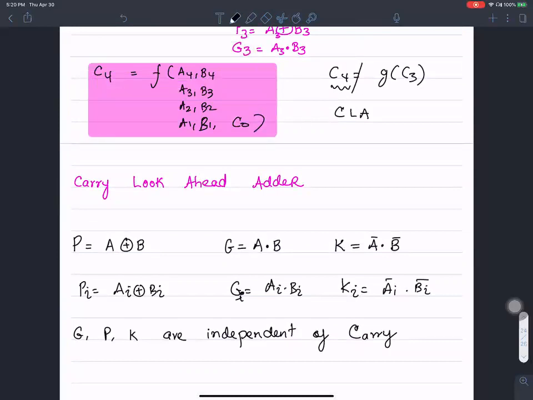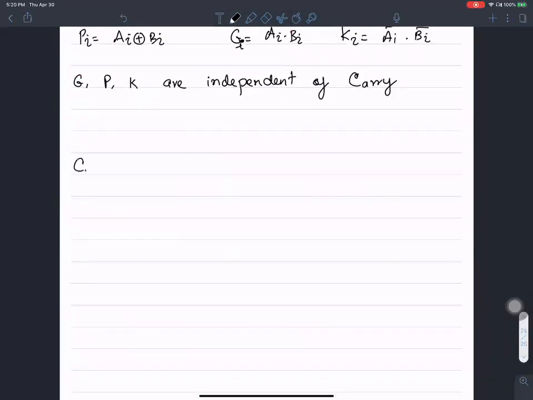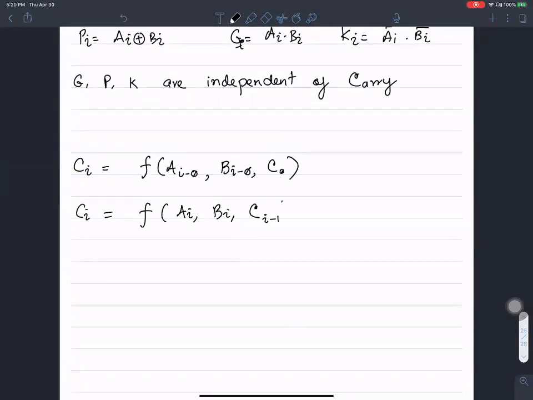In order to calculate any carry Ci, let me write it out here. Any arbitrary carry I want to express as a function of all the independent variables Ai through A0, Bi through B0, and carry in, which is the same as C0. Earlier, the ripple carry adder was a function of Ai, Bi, and Ci minus 1.